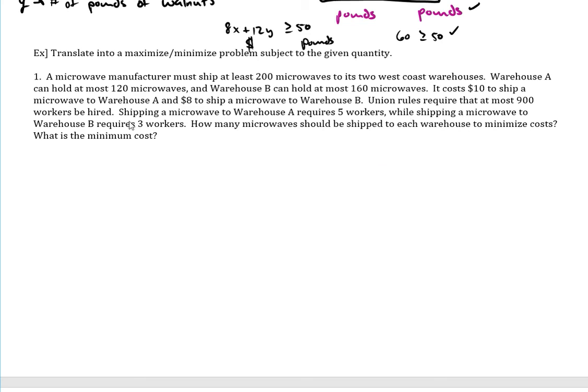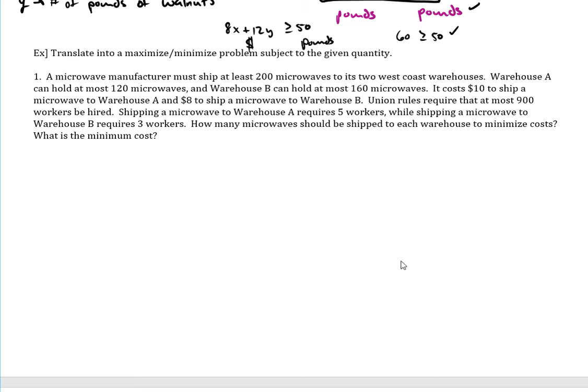It costs $10 to ship a microwave to warehouse A and $8 to ship a microwave to warehouse B. Union rules require that at most 900 workers be hired. Shipping a microwave to warehouse A requires 5 workers, while shipping a microwave to warehouse B requires 3 workers. How many microwaves should be shipped to each warehouse to minimize cost? And then it does say what is the minimum cost.